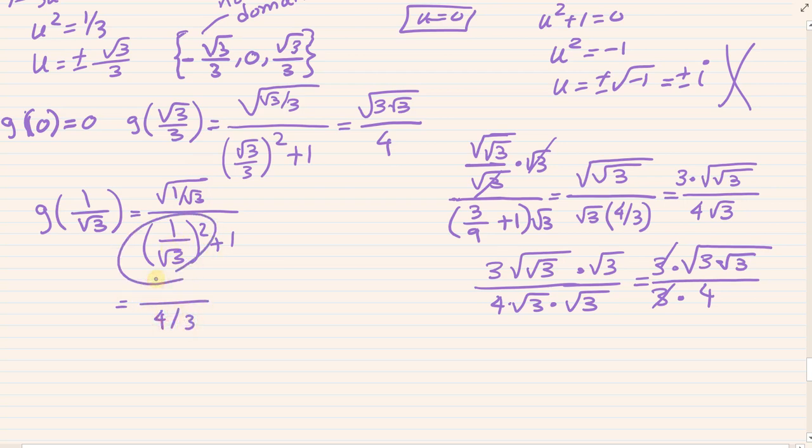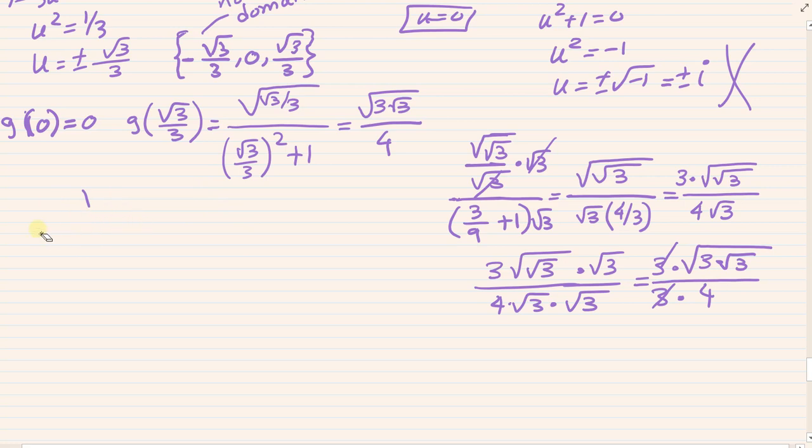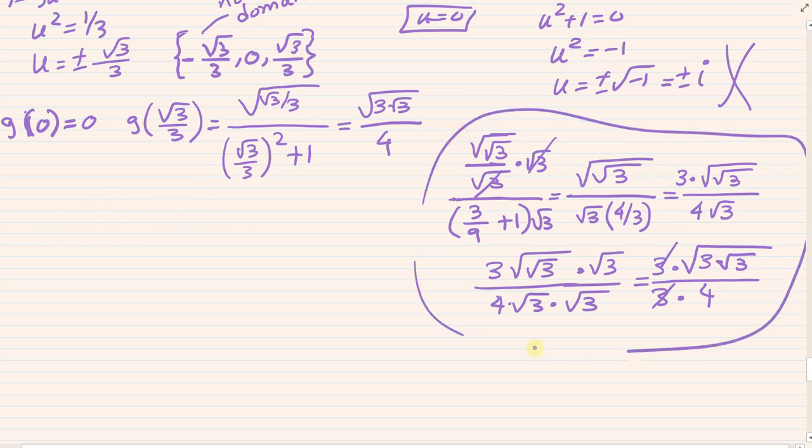The numerator, square root of 1 over root 3, is square root of 1 over square root of root 3. Square root of 1 is 1, right? So that's just going to be 1 over root 3. And you can work that one. Anyway, it may be easier to do it this way. I just thought I'd put that out there. You can try it. Since I've already done it, I'm just going to stay with this one.